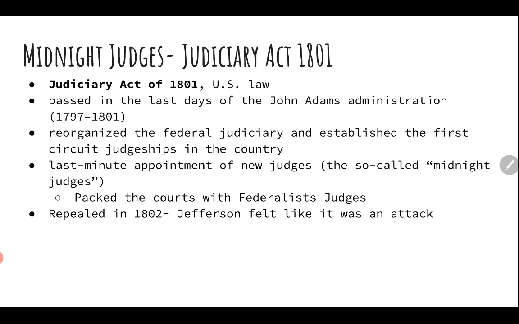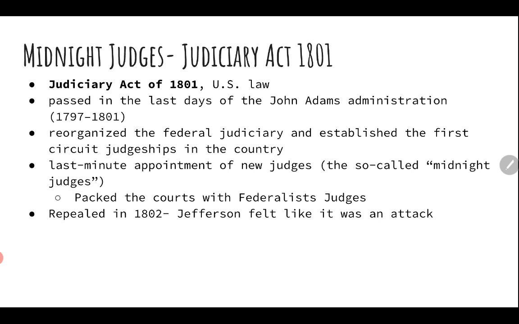And so what he does is he passes this Judiciary Act of 1801. In his last days of office, he essentially tries to pack the courts with Federalist judges. These last-minute appointments of judges go literally up until midnight, the day that Jefferson is coming in, trying to pack the courts with these Federalist judges.